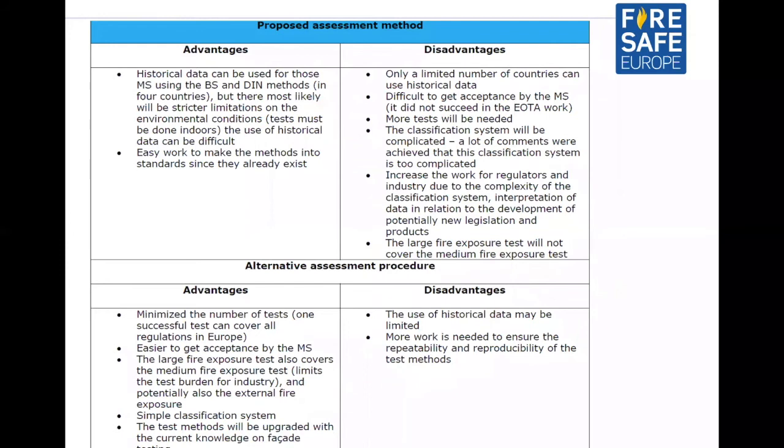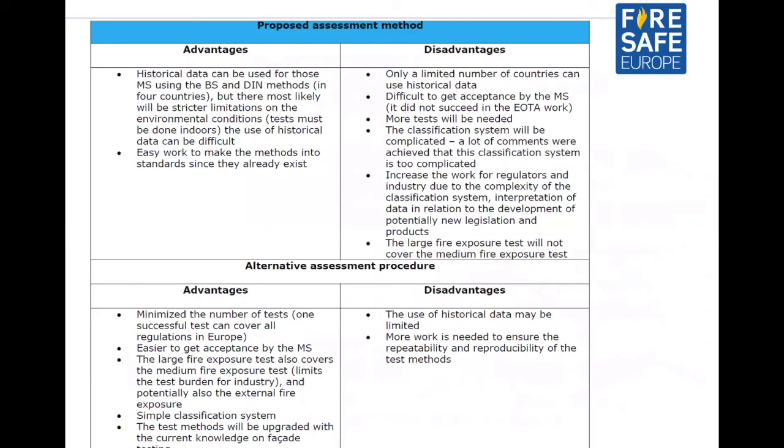And the large fire exposure test also covers the medium fire exposure test. And that, of course, limits the test burden for the industry. And we will get a simple classification system. What I think is important is that the test method will be upgraded now to the current knowledge on facade testing. So it will be a modern test method.